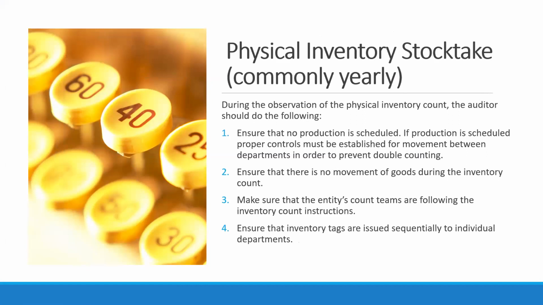First, when doing the physical inventory count, whether by the company itself or by the auditors, we want to ensure the inventory items are static, with no inventory changes while you are doing the count. No movement of goods during the inventory count.